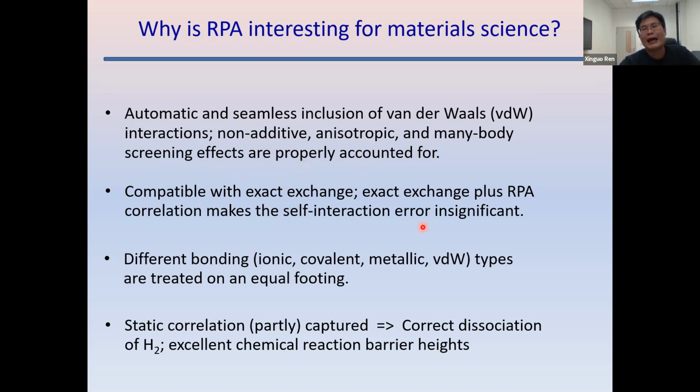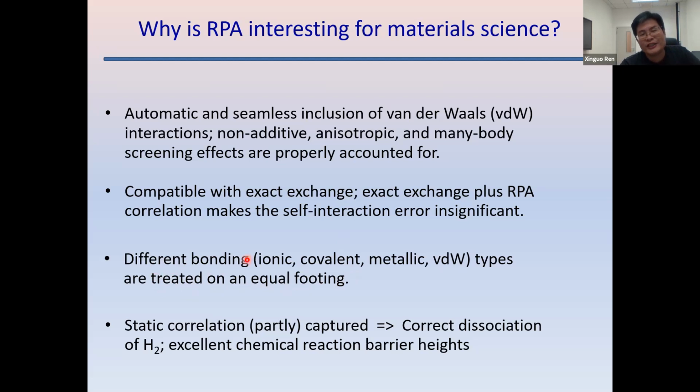The second feature is that when we do an RPA calculation, we always treat the exchange energy exactly. And by doing so, the self-interaction in the Hartree energy is cancelled out. And this will clear many self-interaction problems in conventional DFT approximations.